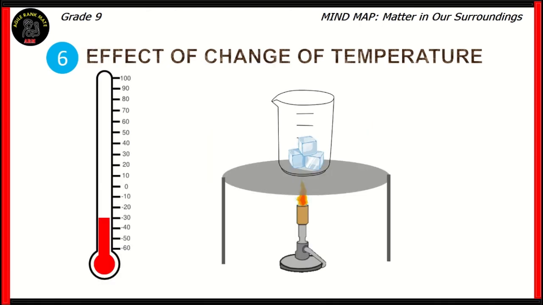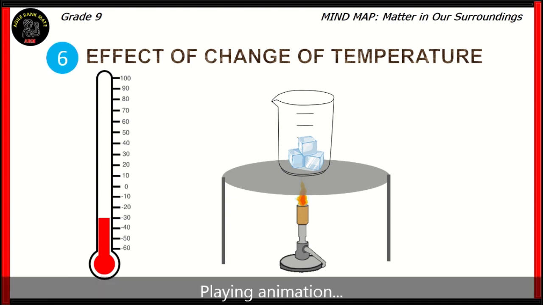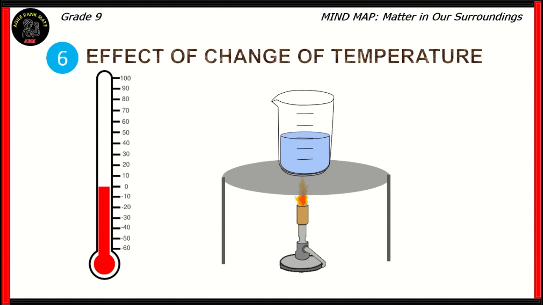So the effect of change of temperature. For this, we take, say, a Bunsen burner, and then we keep a container, and we put some ice cubes at about maybe -30, -20 degrees Celsius. And when we start heating the beaker and it reaches zero, we can see that the ice converts into liquid.